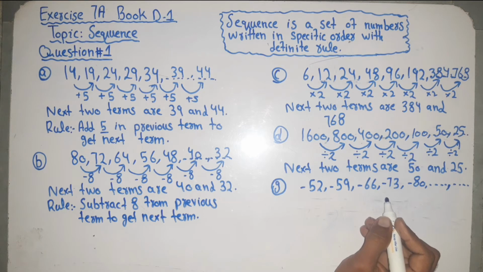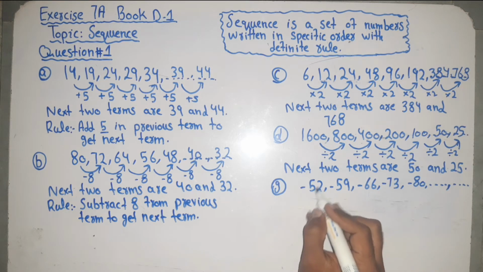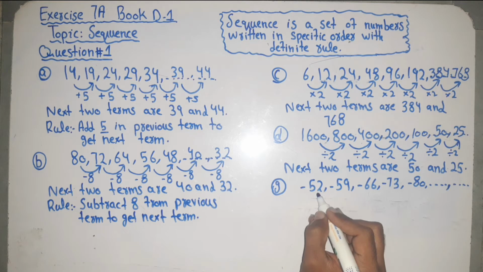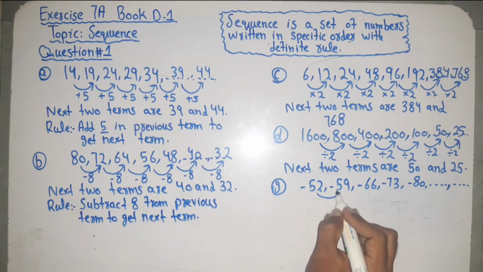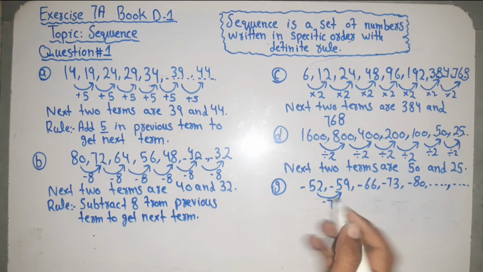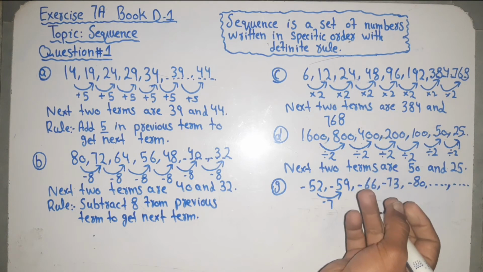Subtract or divide. So first of all we will check the subtraction order. What do I subtract from -52 to get -59? If we subtract 7 from 52 we will get 59.